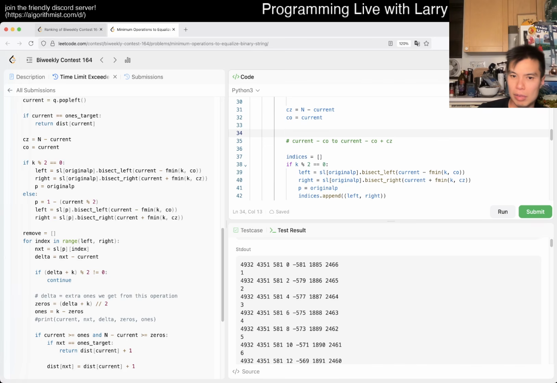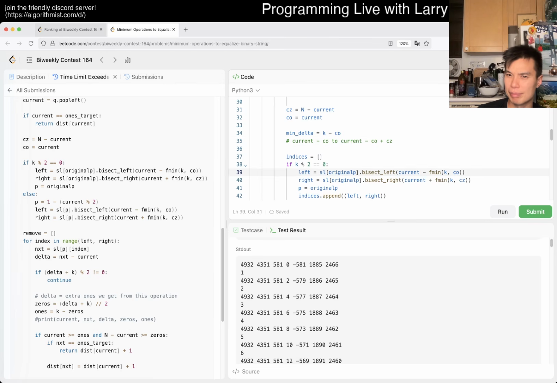Okay, so then now, minimum delta is equal to the maximum ones you can have. Okay, minimum delta should be 0 minus 1s, and the maximum number of 1s we can have is this, which means that by definition, k minus this is the number of zeros, and that will give you the min delta.